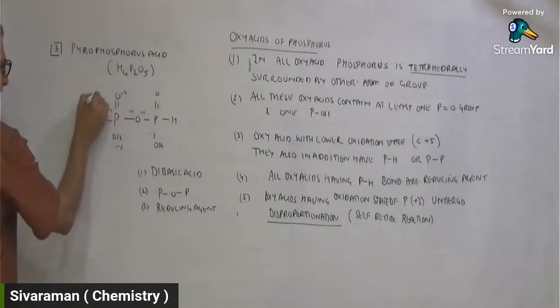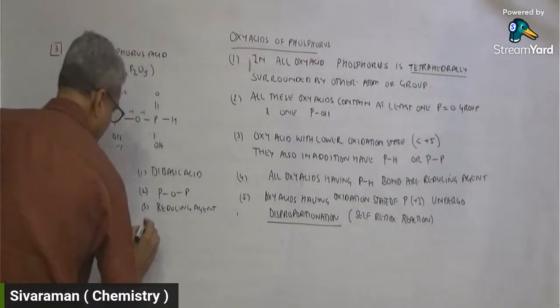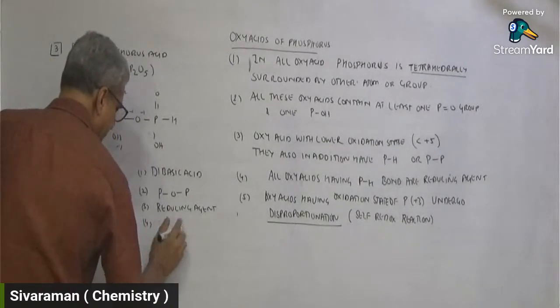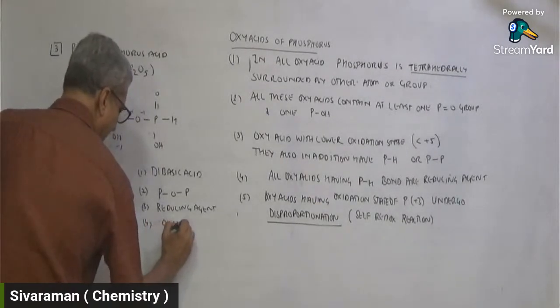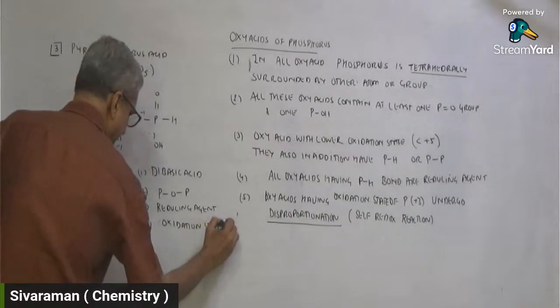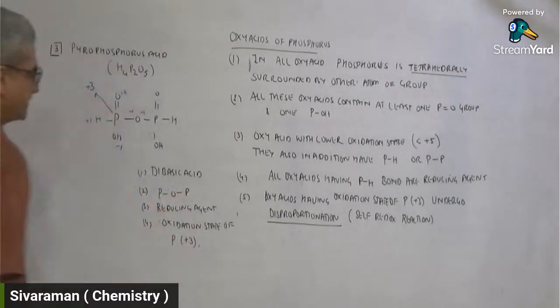So once again in pyrophosphorus acid, the oxidation state of phosphorus is +3. It is clear.